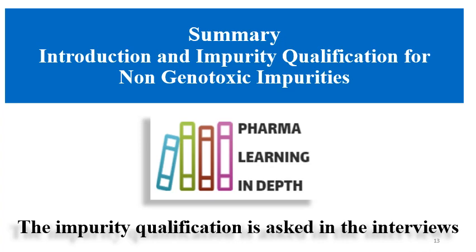So there are some approaches for qualifying, and once you qualify the impurity, that means if you find the impurity is non-toxic in nature, then you can increase the level, that is the level above the qualification threshold or above the monograph level. But if it is found toxic, then that impurity should be limited, and there will not be any relaxation for the specification of that toxic impurity.